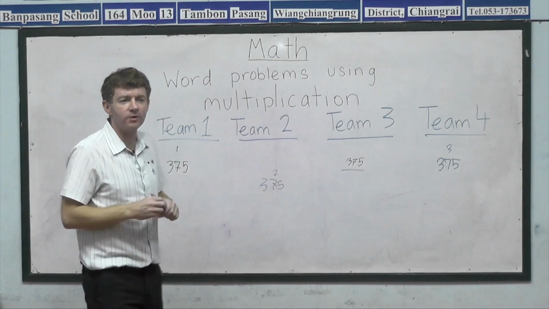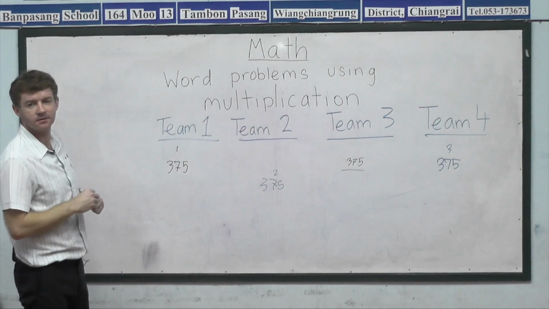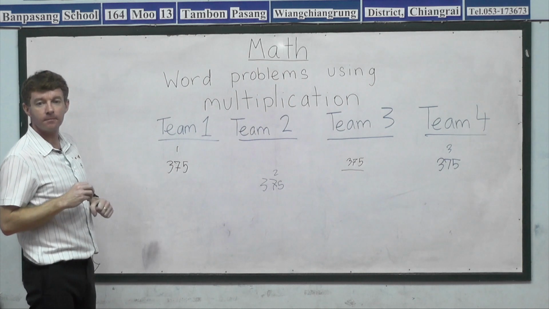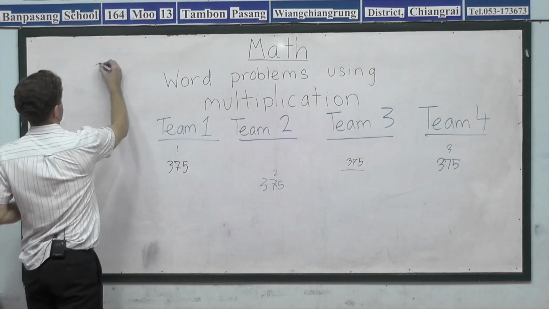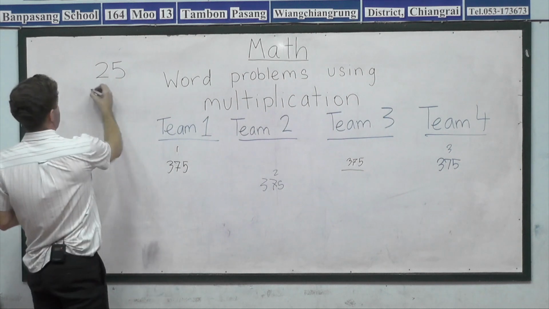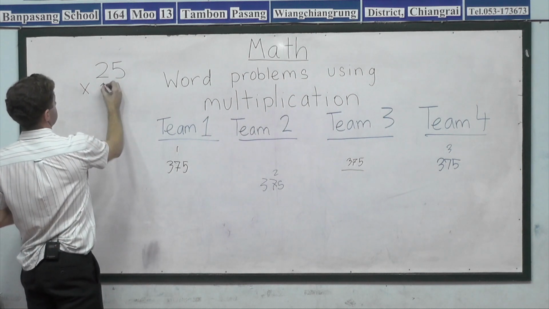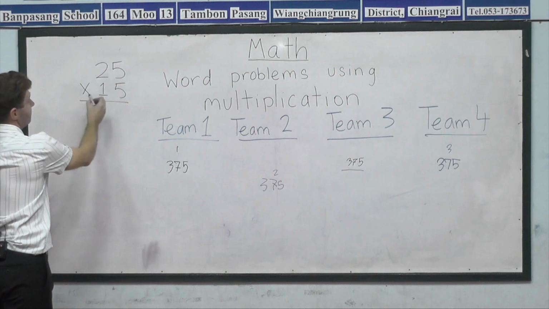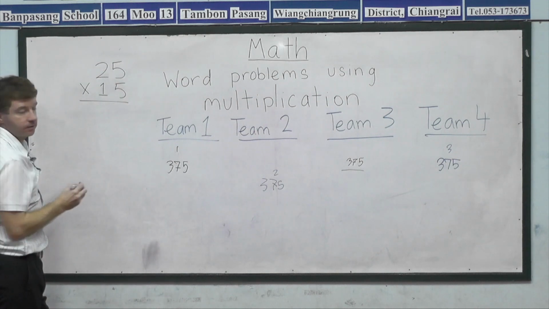So, what did we do to get to this answer, guys? How many chickens? How many baskets? 25 times 15. 25 baskets, yeah? Yes. And how many eggs? 15 in each. Okay. So let's see. 5 times 5 equals 25.